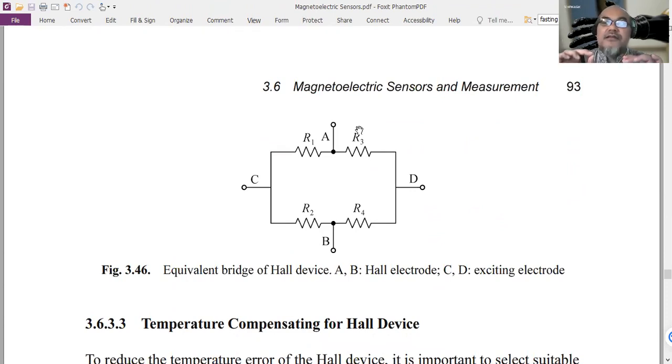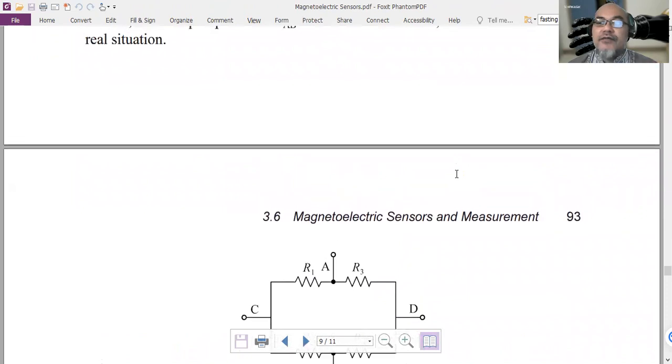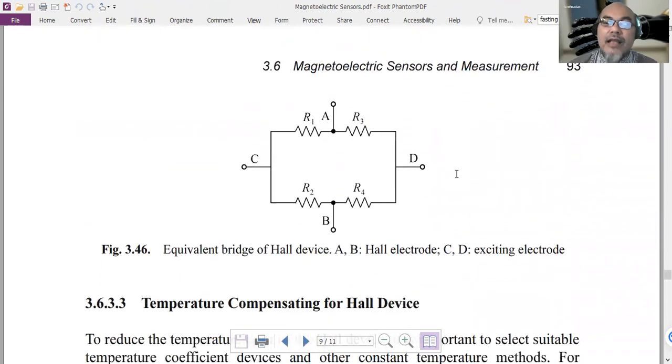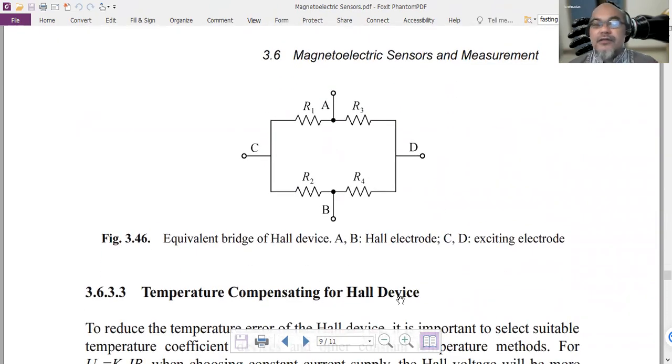First we have to balance it, similar to a Wheatstone bridge, right? In that case, we can use this excitation electrode and tune one of the resistors using this bridge, so as to nullify the potential between A and B at the initial condition, to reduce the offset.